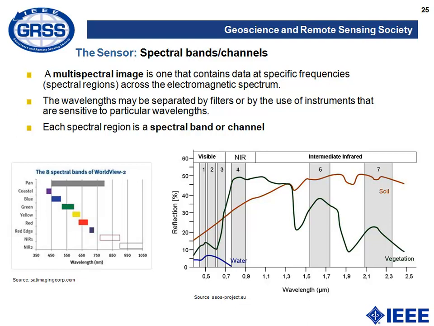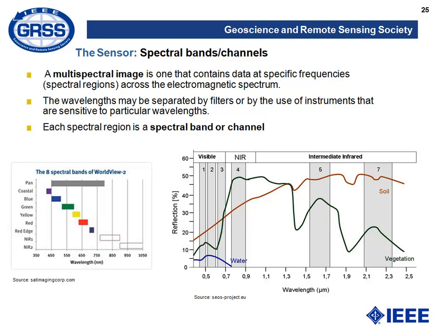Because if we have, as in this example, 8 spectral bands like WorldView-2, we are more sensitive in obtaining digital numbers and transforming them into a signal about the behavior, or how the surface reflects sunlight at different spectral wavelengths.